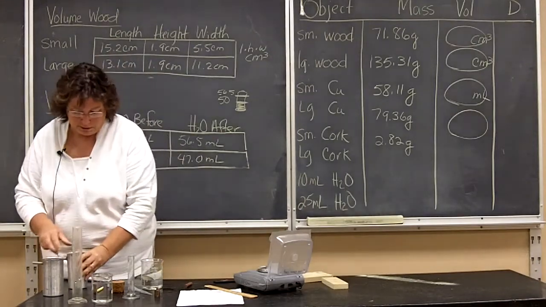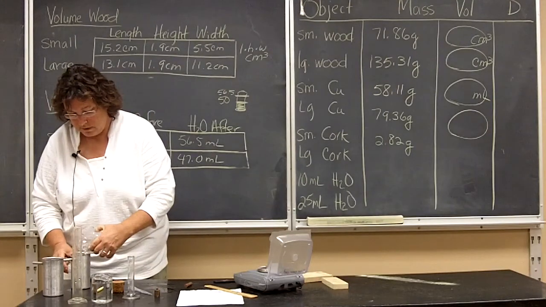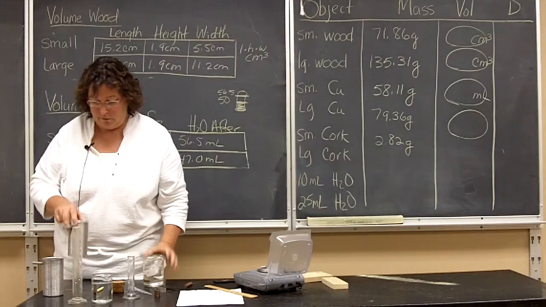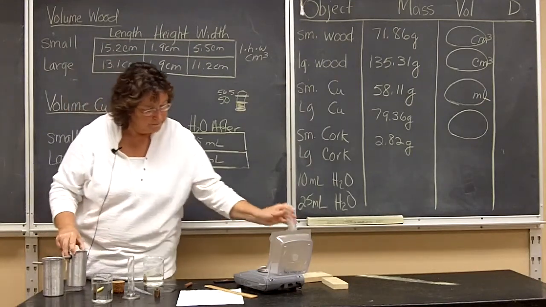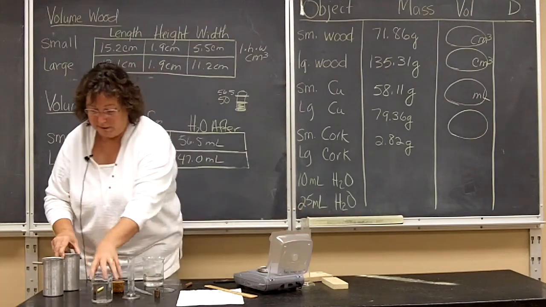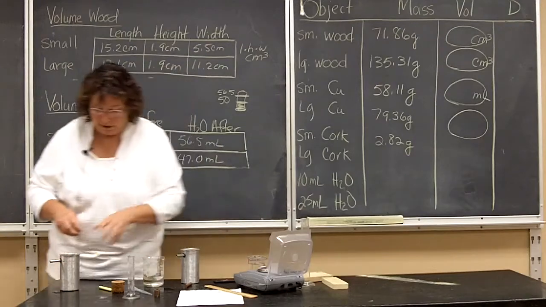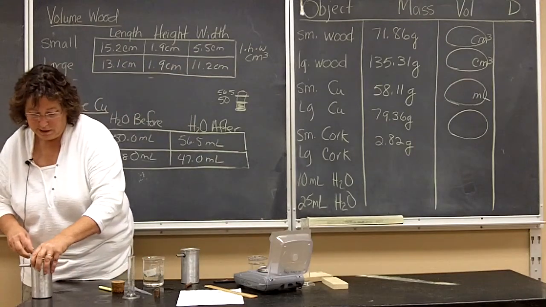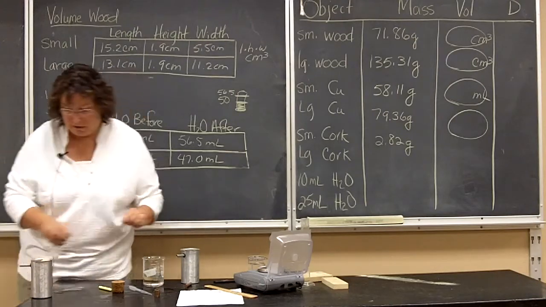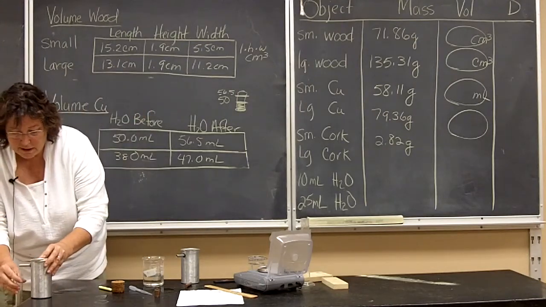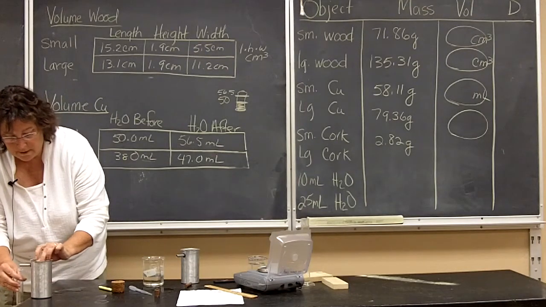Now get this spill can filled up right to this part right here where the water starts to actually drip out. And they call it a spill can because that's what happens when I put this cork in or any other object. Empty this. Since that cork floats, I actually have to push it under the surface of the water.